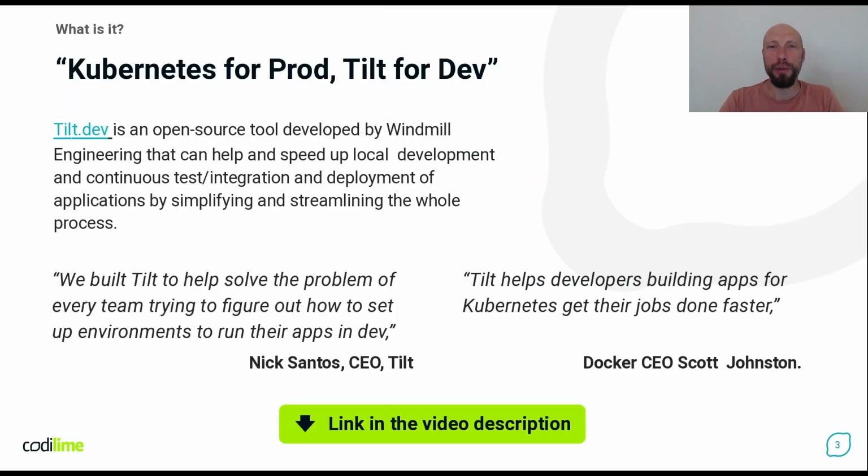Tilt's main slogan is Kubernetes for production and Tilt for development. Modern apps are made of many services. A lot of teams are trying to find the best way to set up environments to run their services so they can work on them and verify their behavior in an environment close to production, which in many cases is not a trivial task, as we need to start services in the right order, update them in place, and monitor when something is failing on a daily basis.